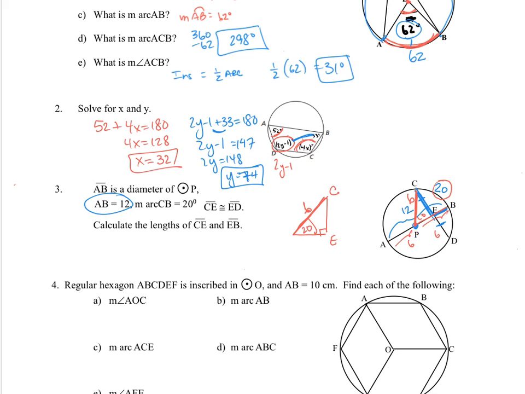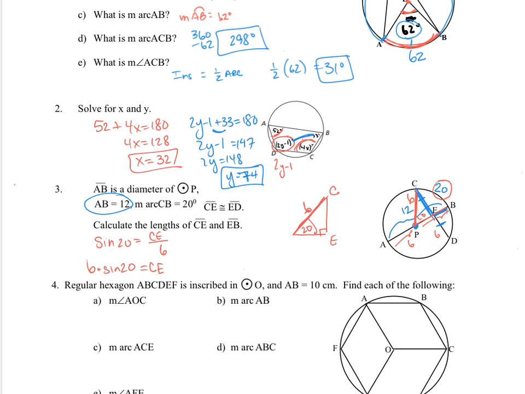I know that the sine of 20 will be the opposite over the hypotenuse, so that's CE over 6. So CE will be 6 times the sine of 20.